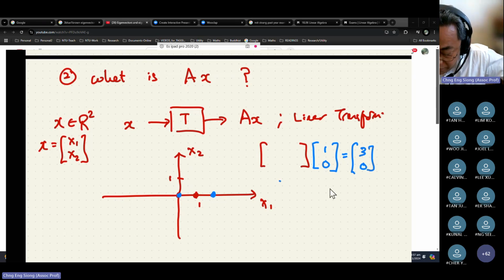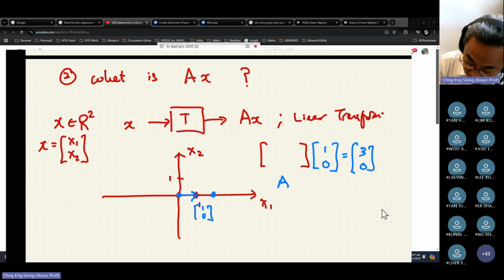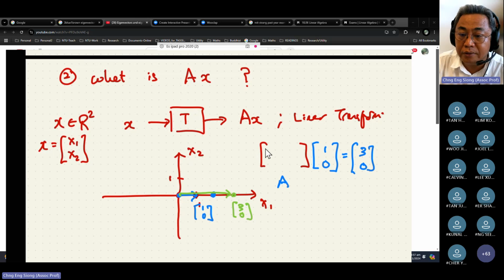I haven't told you what A is yet, but I told you that I'm going to move from (1, 0) and I will land in (3, 0). What operations here on my left, A, can make this happen, guys?